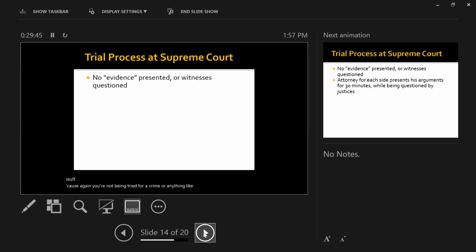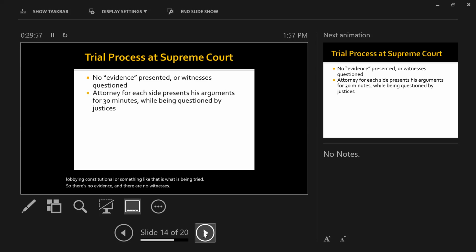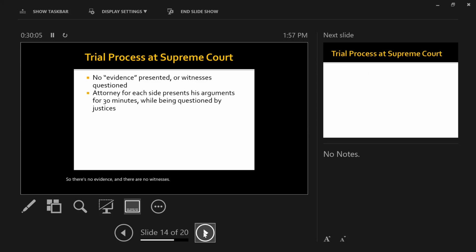An issue in terms of a law being constitutional or something like that is what is being tried. So there's no evidence, no witnesses.